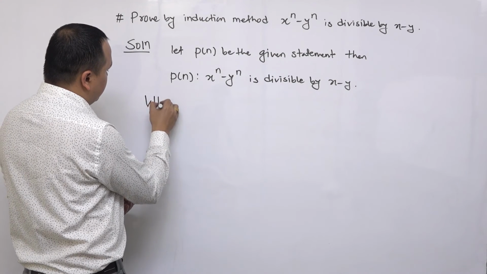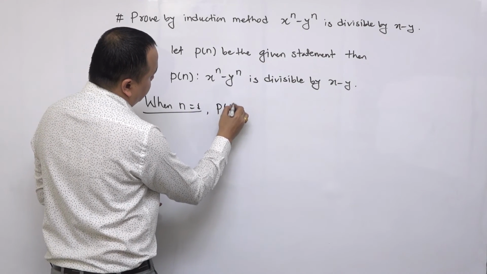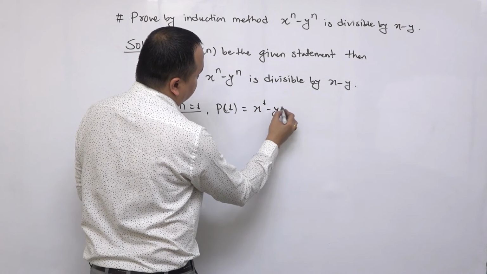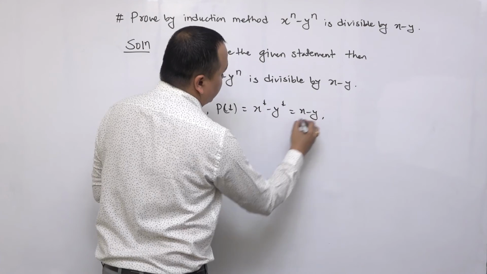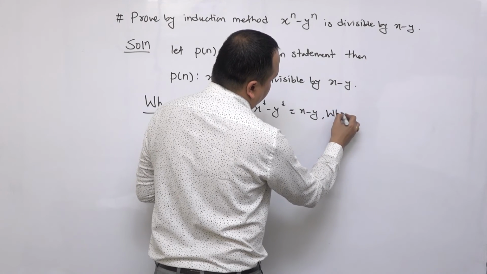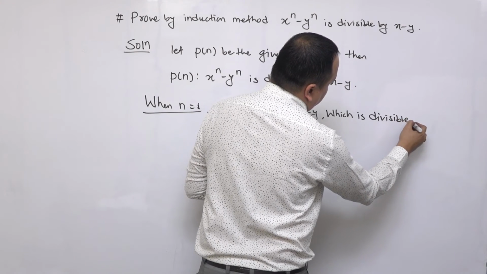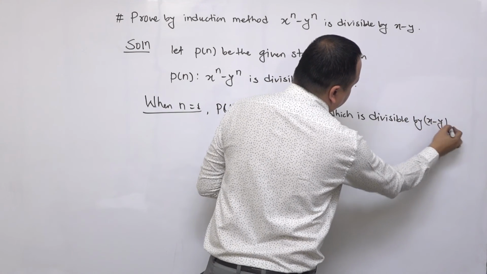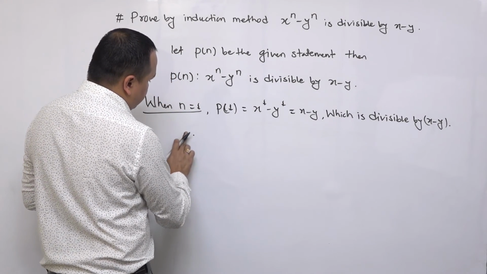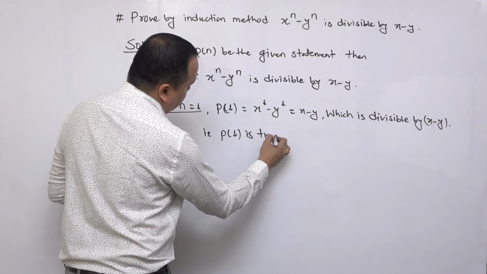When n is equal to 1, P1 is x to the power 1 minus y to the power 1, which is just x minus y. Clearly x minus y is divisible by x minus y. That is, P1 is true.